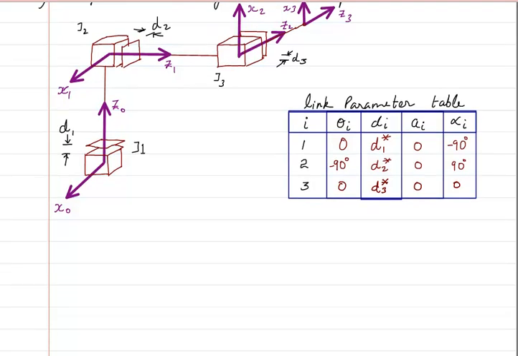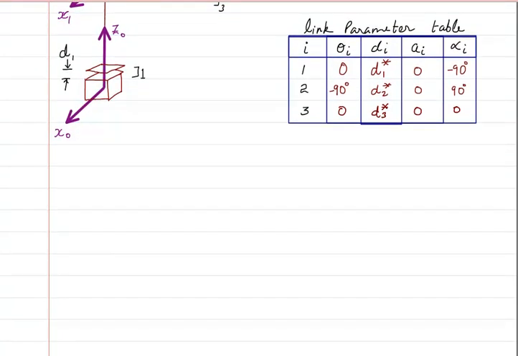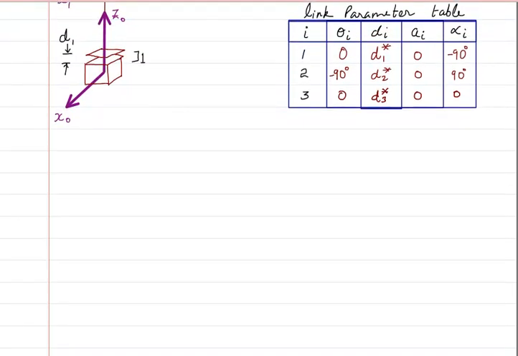Now I don't have to look at any of the diagrams. Now I have to straight away look at the link parameter table and then write what the matrix will be based on the equation, the equation for writing the matrix.